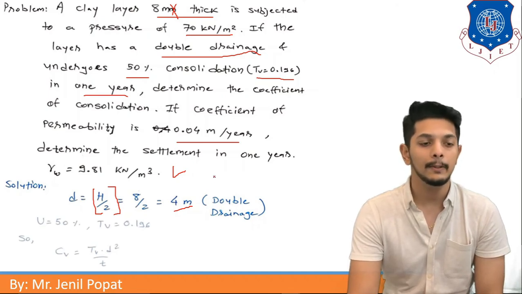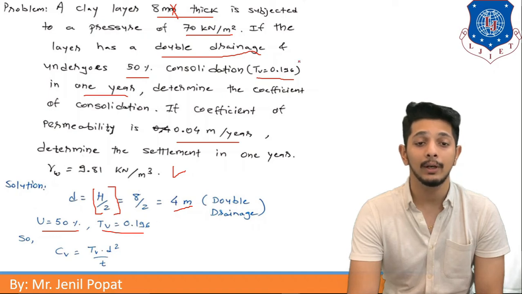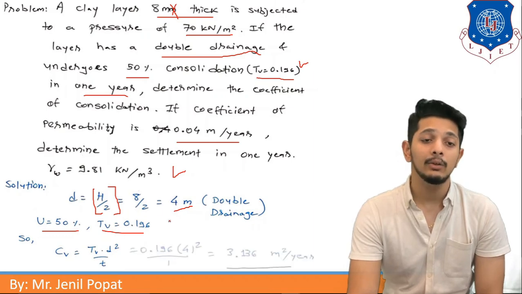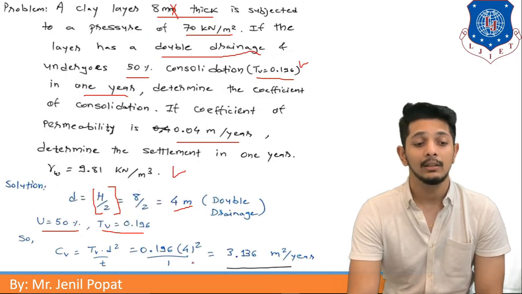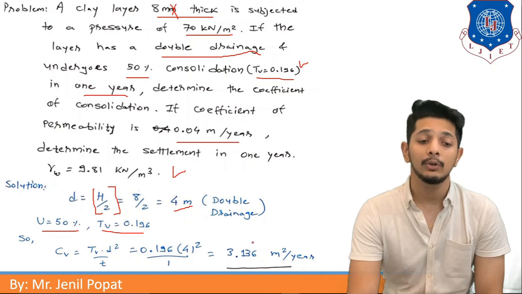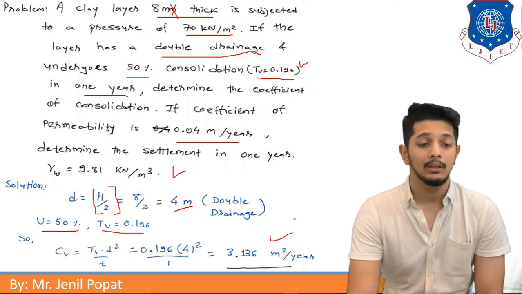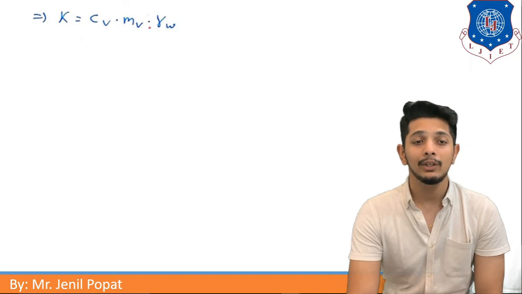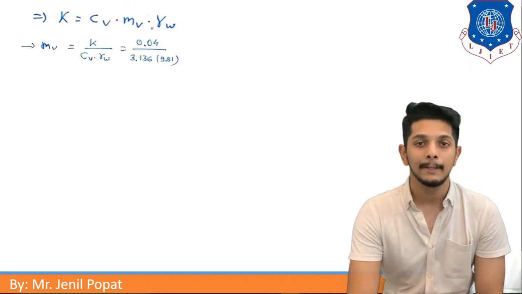Let us move forward. U is given as 50% and TV is given as 0.196 in the problem. So putting TV, D and time period values, we can get CV. CV is coming out as 3.136 meter square per year. Now moving further, K is equal to CV into MV into gamma W. We know this formula very well from theory videos.